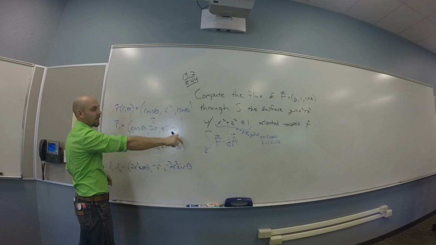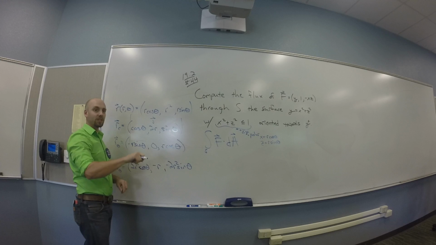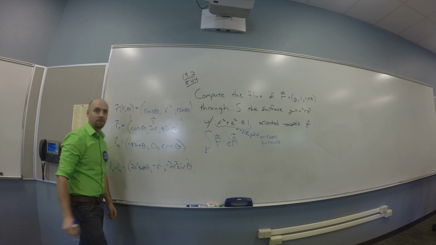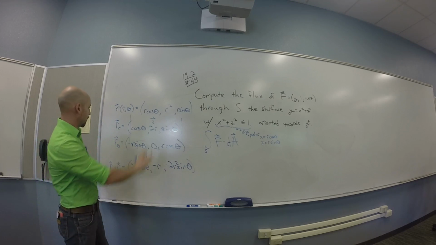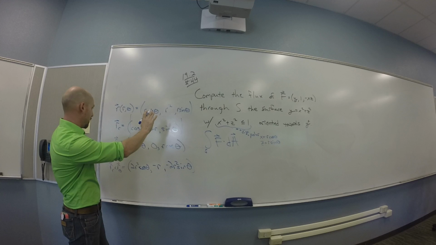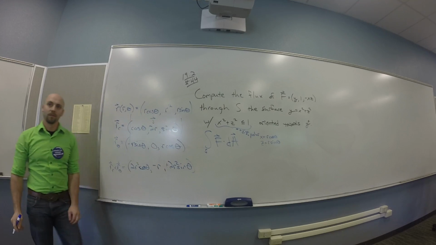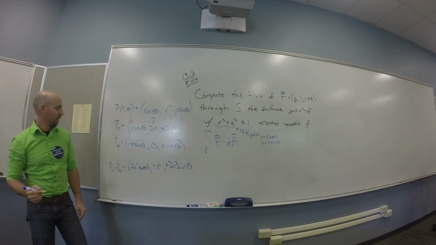If you swap the sine and the cosine, it'll be a positive r, because you're pointing in the other direction. For component z, don't the negatives cancel each other out? Yes, the z component should be positive 2r² sine theta.